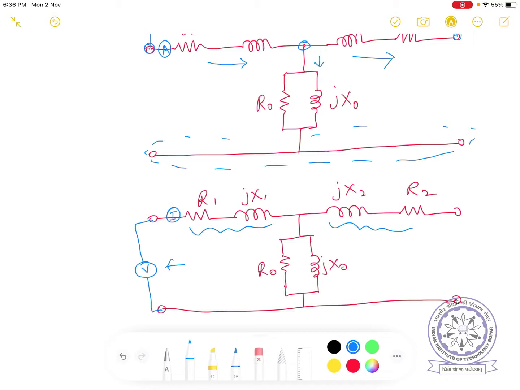If we connect a voltage source here and measure a current I here, then what will we get?